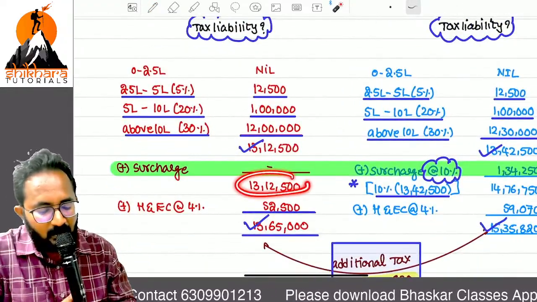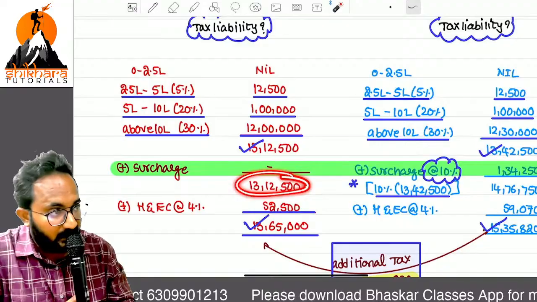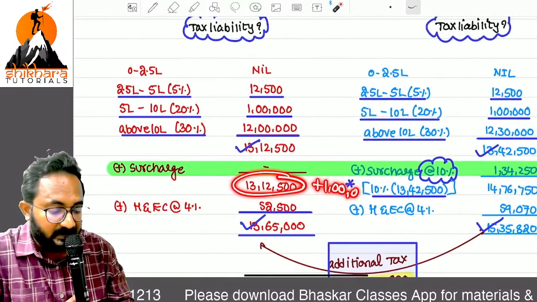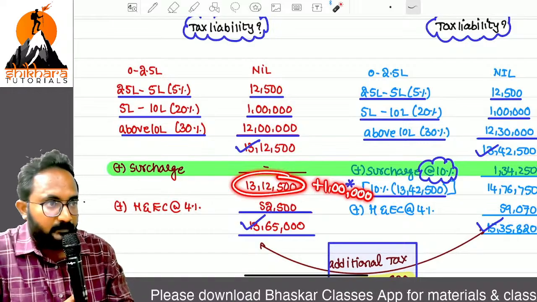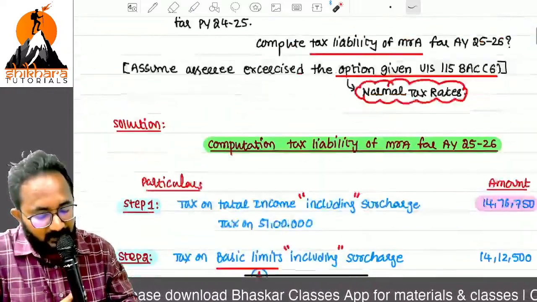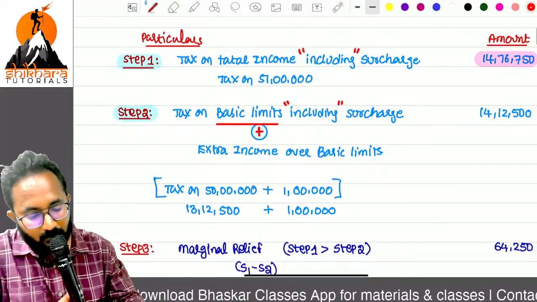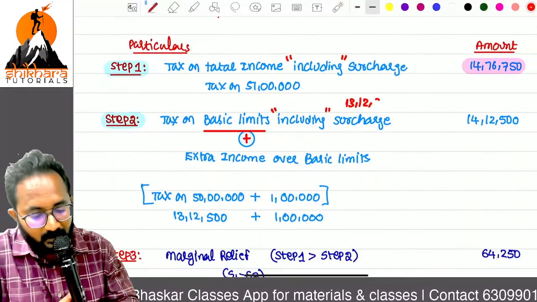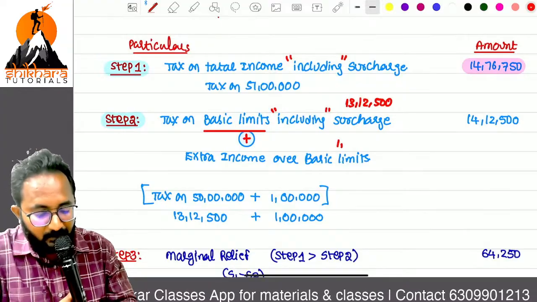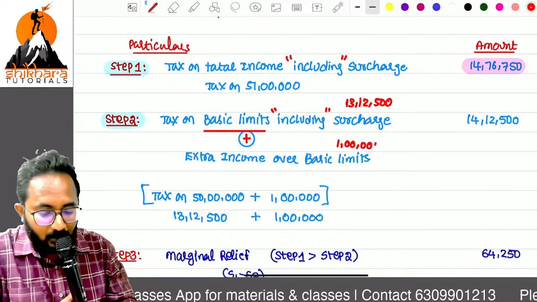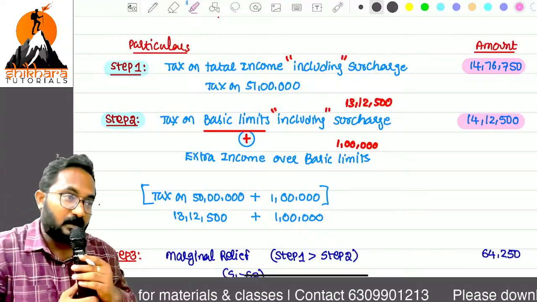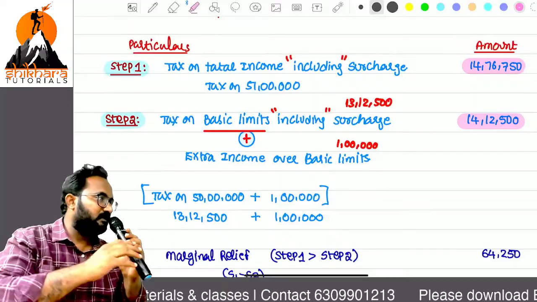How much you got? 13 lakh 12,500. For this, excess income over the basic limit we need to add. What is that excess income we have? 1 lakh. So totally how much? This is 13 lakh 12,500, and extra income means 1 lakh. All together how much amount? 14 lakh 12,500.